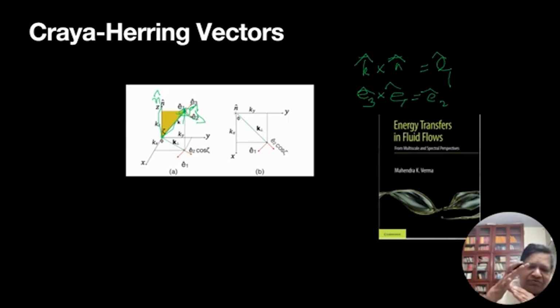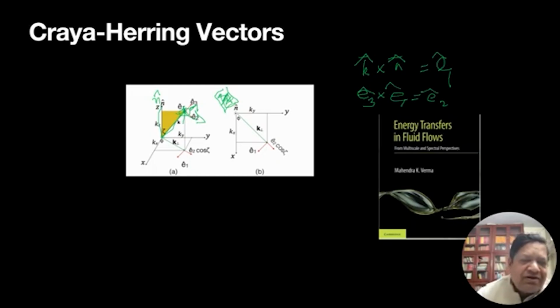For incompressible flows, we know that u(k) is perpendicular to k, so it must lie in the plane formed by e1 and e2. So my vector u lies on a plane perpendicular to the k vector, and the basis vectors are e1 and e2.